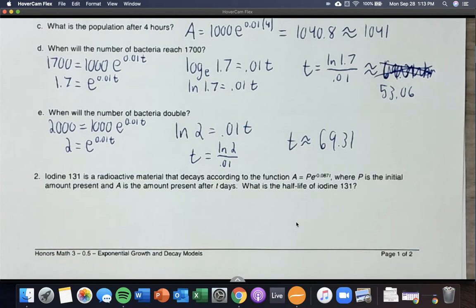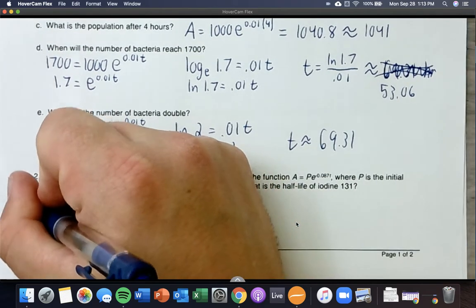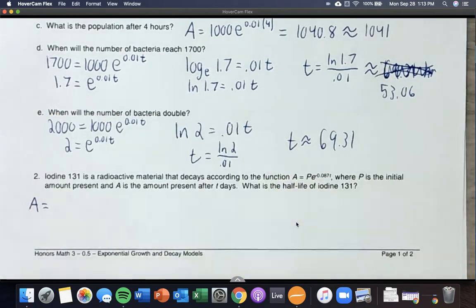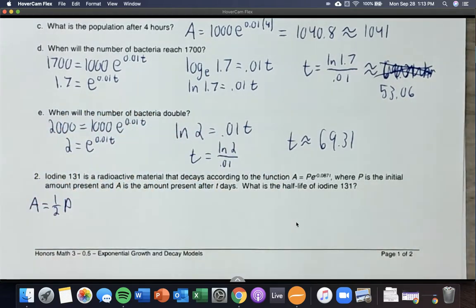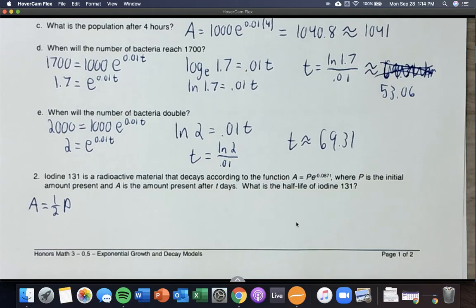So what it's saying is that the amount has to be equal to 1/2 of the original, because that's the half-life. It's asking how long it is going to take for the amount to be half of what it was. So we can plug in 1/2 P where we have A here.